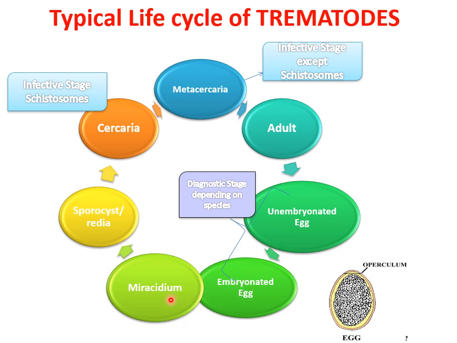From the embryonated egg, we have the liberation of a free living ciliated stage that we call miracidium. This miracidium will swim until finding a mollusk, in which it will evolve into three stages called redia, sporocysts, and then cercaria.